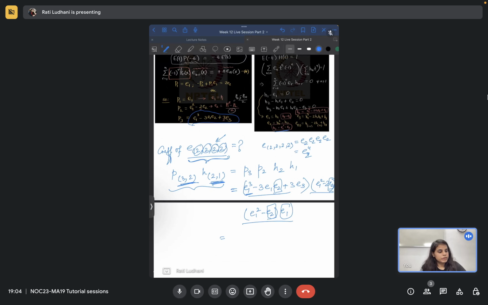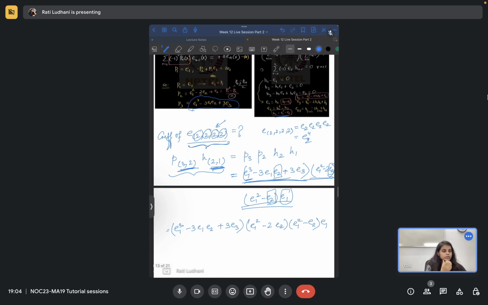So what we are doing, we are multiplying these 4 terms. So we have E1 cube minus 3 E1 E2 plus 3 E3, E1 square minus 2 E2, E1 square minus E2 and E1, right? So we want the product to be E2 into E2 into E2 into E2. As you can see, this is a term for E2, this is a term for E2, this is a term for E2, and there is no term here, right?